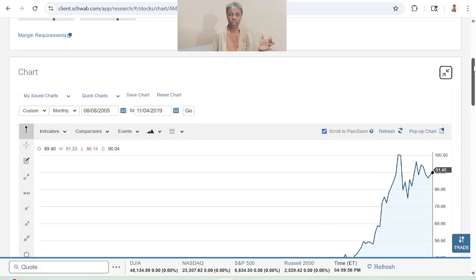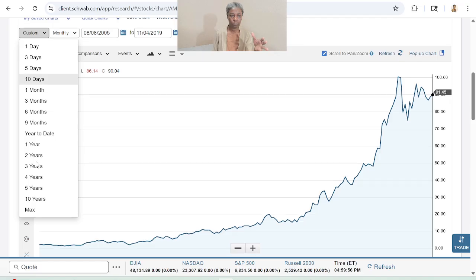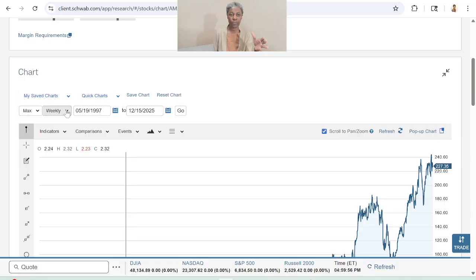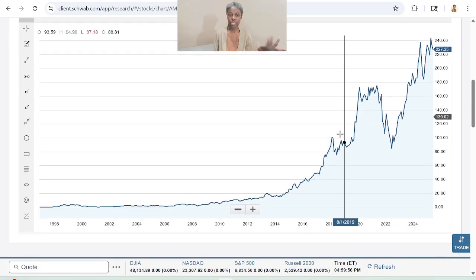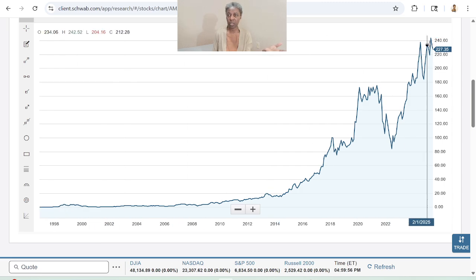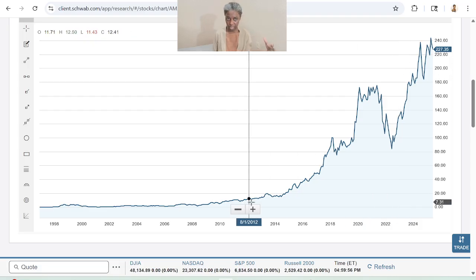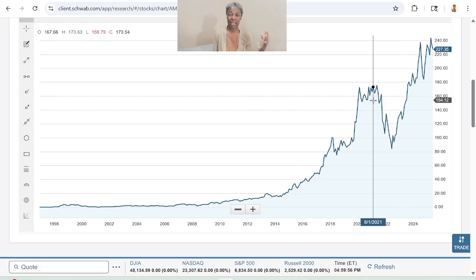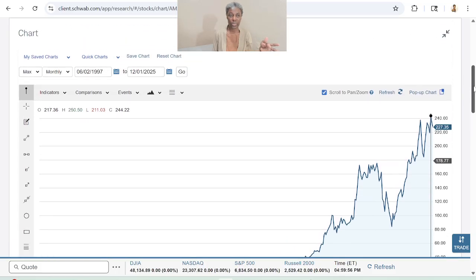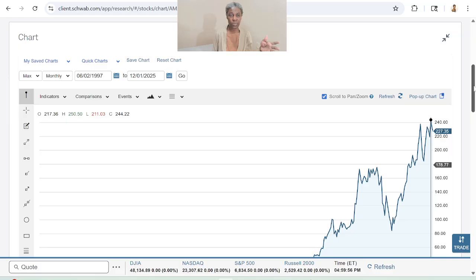Not doing it as well. But what you have here is maximum, and when you choose maximum, you have weekly, you have monthly. So if I pick monthly, it shows me all the way to 1998 here. It shows me the trend grade. It's not candlestick, but I will assume in their properties you should be able to find candlestick.